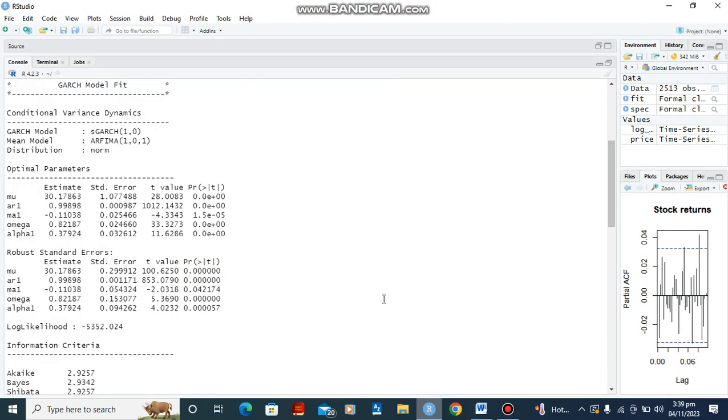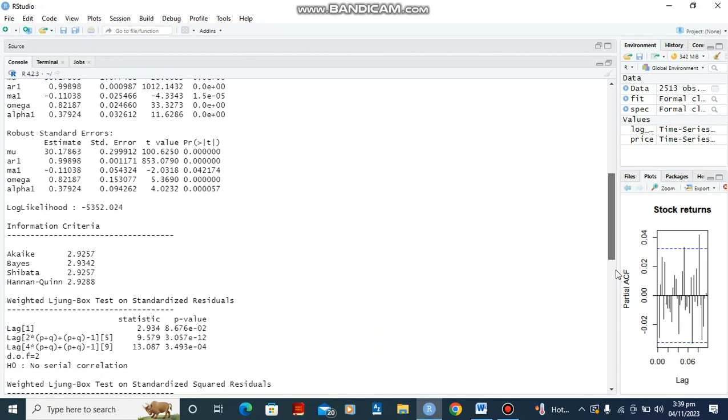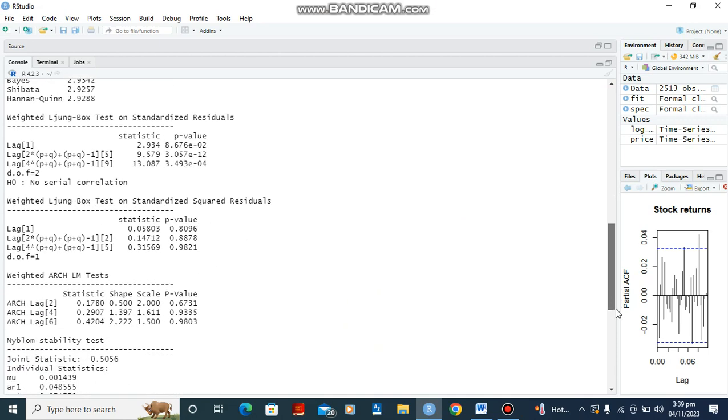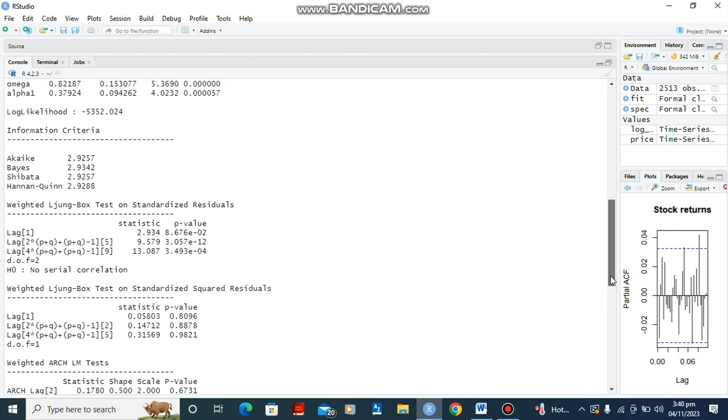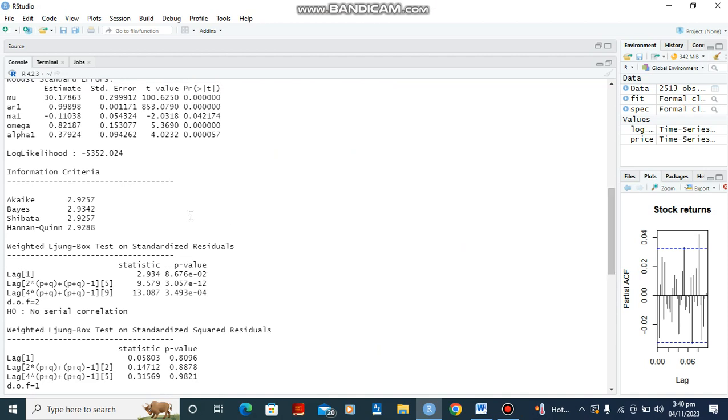So this is how to run an ARCH(1) model. There is other information here that will be needful depending on what you would want to use it for. For example, the information criteria: the Akaike, Bayes, Shibata, and the Hannan-Quinn.